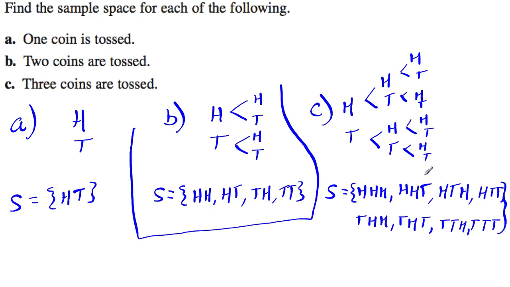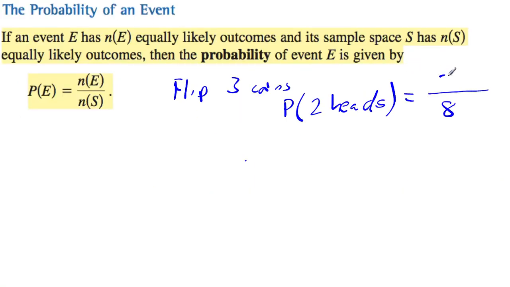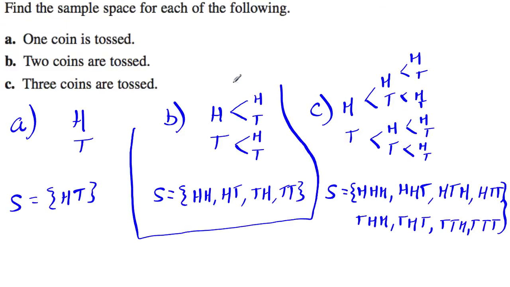Well, exactly 2 heads. 1, 2, 3. I'll say exactly, because we could have 3 heads, and that's not exactly 2 heads. So 3. Right, 2 heads, 2 heads, 2 heads.